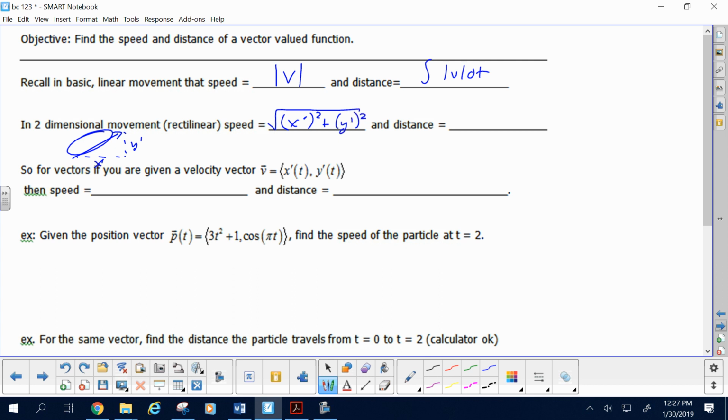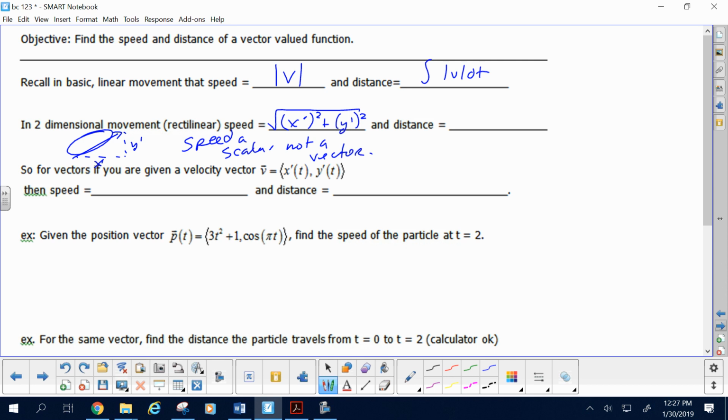Speed is still a scalar, not a vector. There's no direction to it. It's all positive, or zero at the minimum.